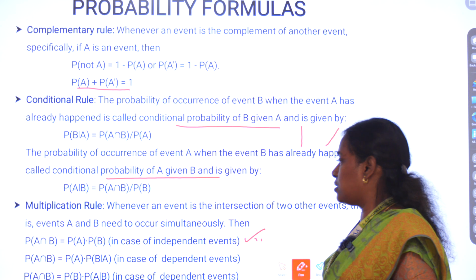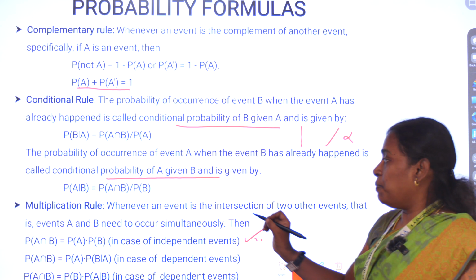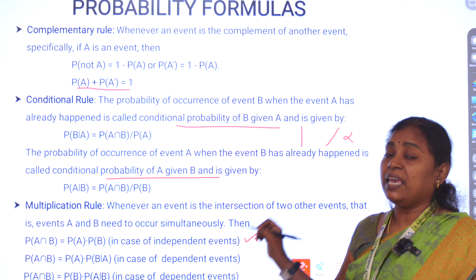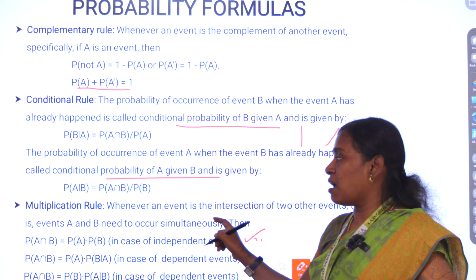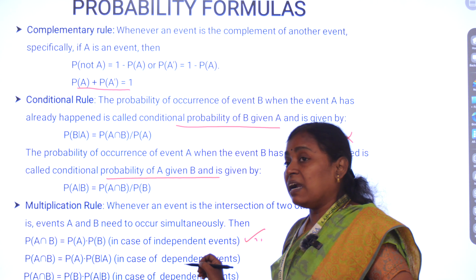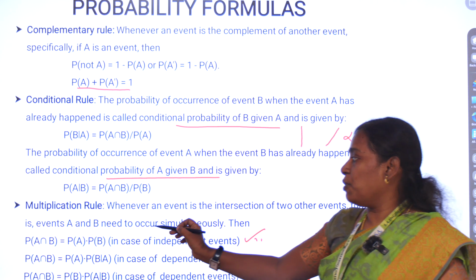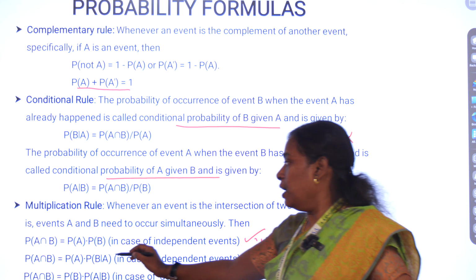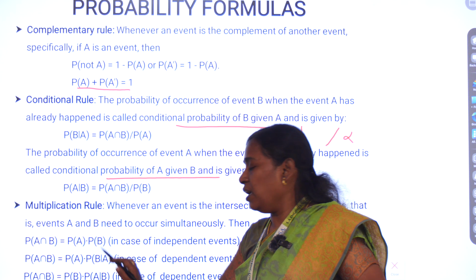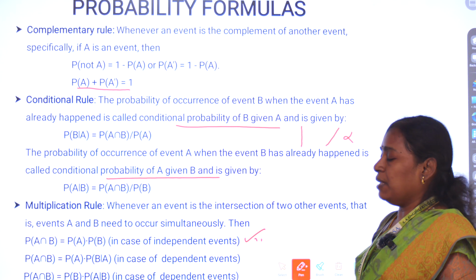Very important, this is a very important concept. P of A intersection B can be written as P of A into P of B if the two events are independent. Next, if the events are dependent, in such a case P of A intersection B can be P of A into P of B given A, or P of B into P of A given B.